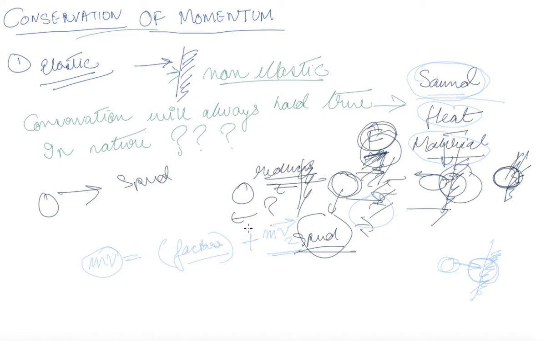So in real life also conservation of momentum holds true, but we cannot observe this with our eyes because there are certain factors which we cannot comprehend. So what we can conclude is that conservation of momentum always holds true.